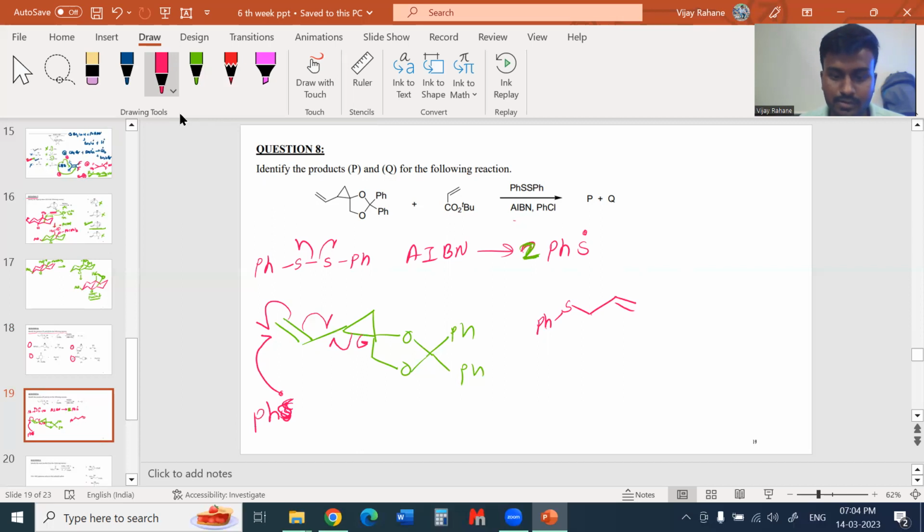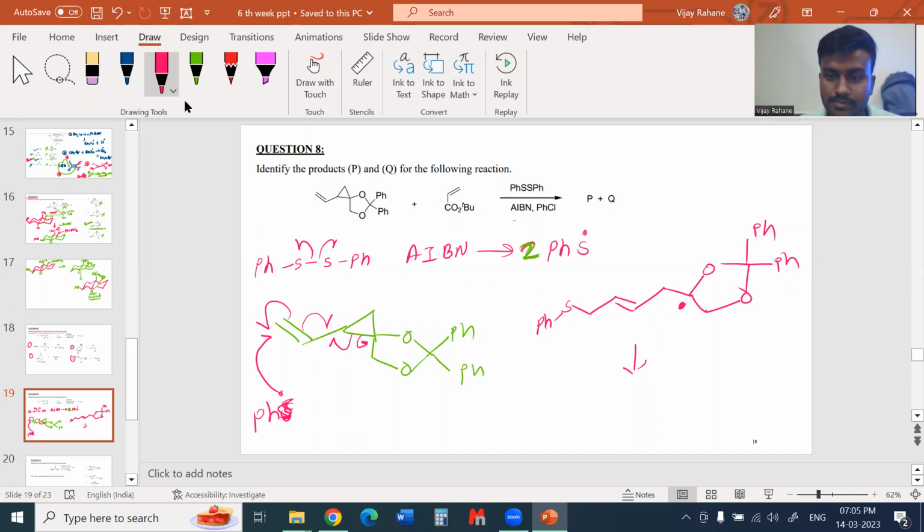So here will be a double bond. So this one is the product formed in the first step, and again it reacted with this radical.